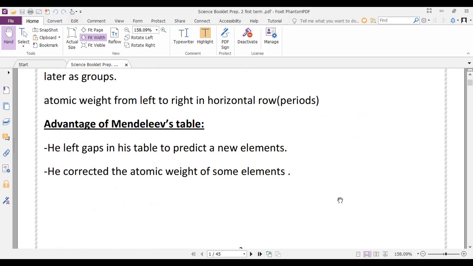He predicted that different scientists later would come to know many elements. So he left gaps, and it's the first advantage.